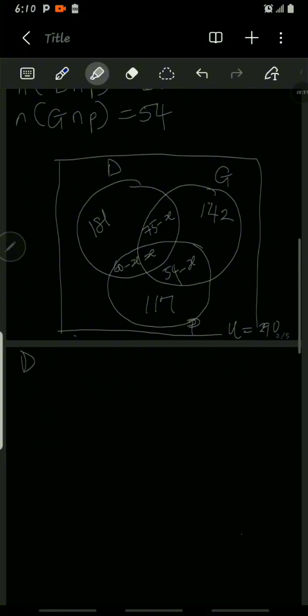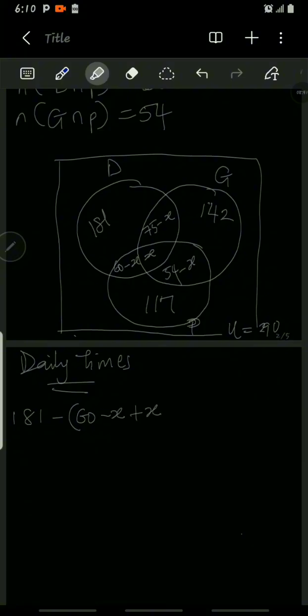So let's first start with the Daily Times. For Daily Times, I'm going to have 181 minus the sum of everything here, that is 60 minus X plus X, then plus 75 minus X, right? So when I collect like terms inside here, I have 181 minus, 75 plus 60, that's 135, minus X plus X is gone, so I just have minus X left.